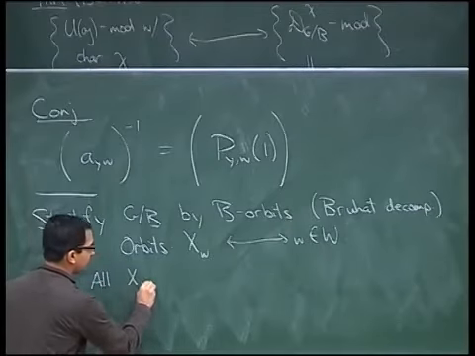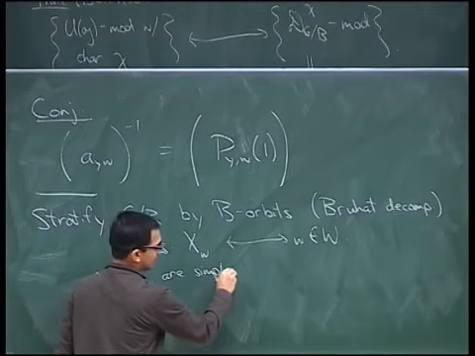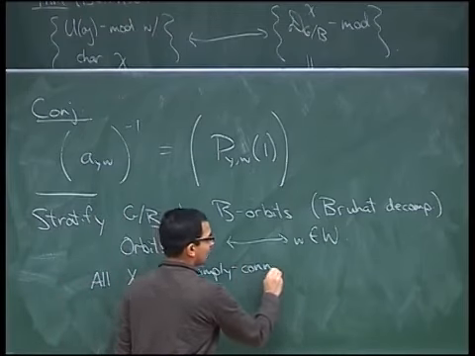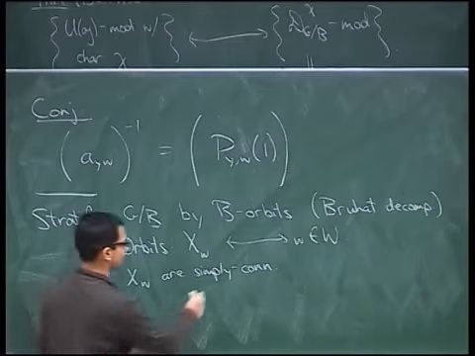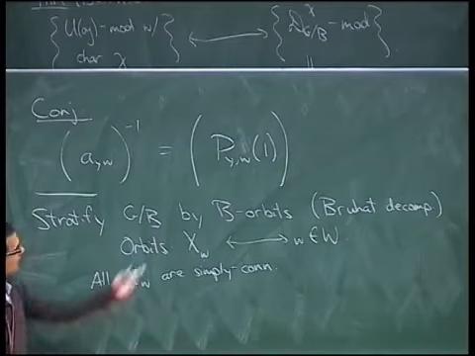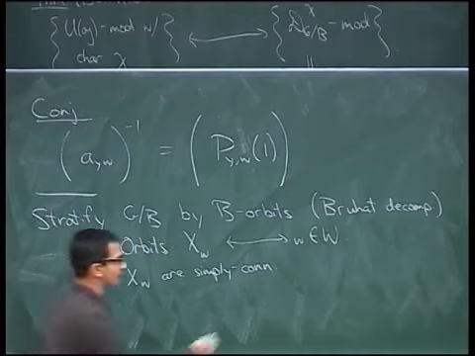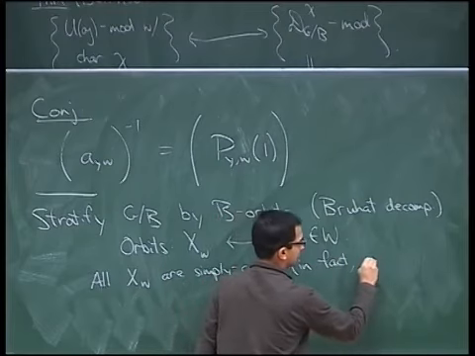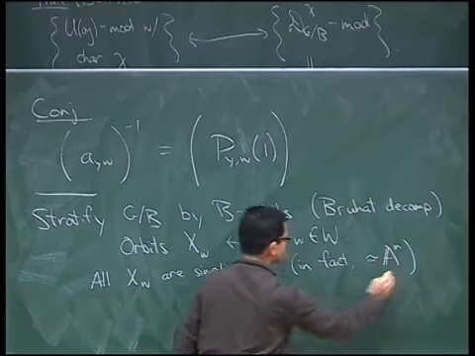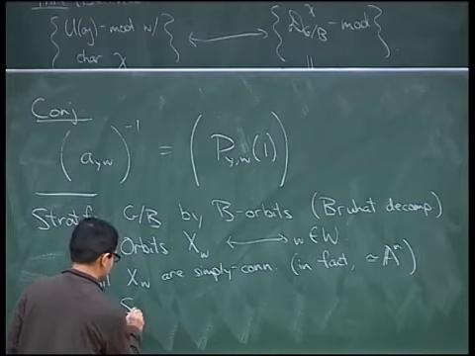Let me mention that all the X_w are simply connected. In fact, maybe one way of saying the theorem that Arun was proving in his talk is that, although he wasn't talking about the finite flag variety, these are just copies of affine space, some A^n. The fact that they're simply connected means that there are no non-trivial local systems.